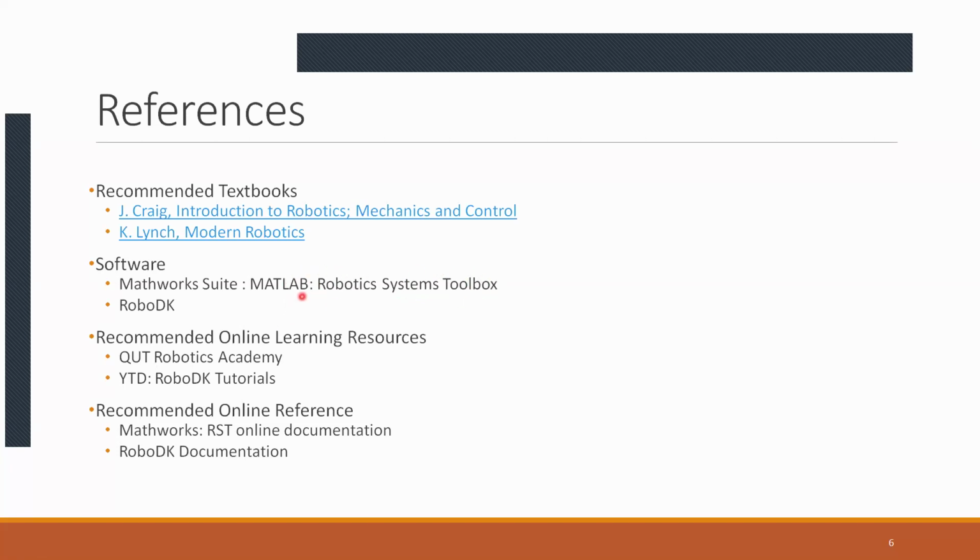Even if the earlier versions had the toolbox, it wouldn't have all the required functions that you would need to perform this, right? So please make sure that your MATLAB installation is later than 2020. If you don't know how, go to the PC, download the right version, and install it on the PC.